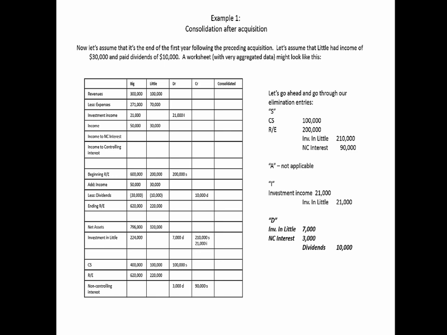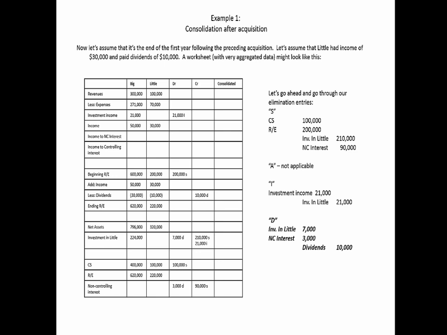D for dividends. As before, we credit dividends to eliminate the subsidiary's dividends, and now that dividend is split between the parent's investment in Little and the non-controlling interest. Now recall that under the equity method, when we received dividends from the subsidiary, that reduced our investment account. The idea being that our investment represented our proportionate ownership of the subsidiary's equity.